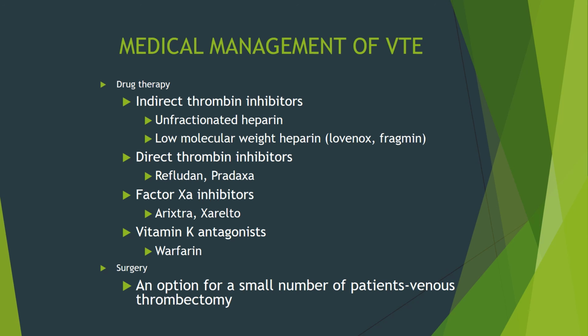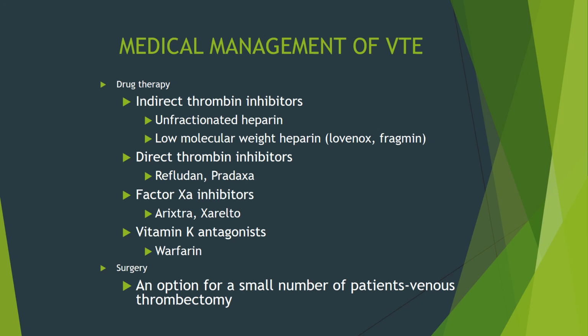It'd be nice if they could just go in there and inject the thrombus with something that just blew it apart, but it's not that simple. We do have clot busters for thrombi in the heart, but we don't really use them on peripheral thrombi.